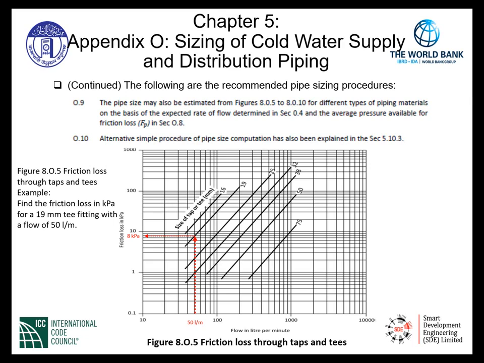50 liters per minute. We can simply go to the horizontal axis on the logarithmic scale. As can be seen, it starts at 10 liters per minute, so we move over to 50 liters per minute. At 50 liters per minute, we rise up and intersect with the diagonal curve indicated at 19 millimeters.